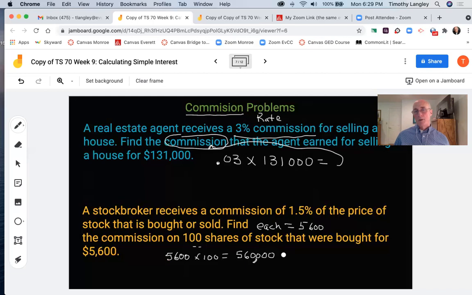So I would take that $560,000, that's how much she sold, 100 shares for 5,600 each, times 0.015 equals her commission. In case you're wondering, teacher, where did you get 0.015? It's 1.5%. I'm going to move it two places, 0.015. All right. Moving on.